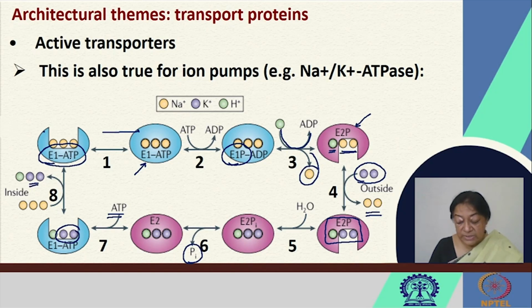So in a sense, what has happened is we have the transport of the sodium and the potassium ions, like in the expression that we saw previously. Now, in this process, the ion pump works as an active transporter with the assistance of ATP that allows this transport to occur. So, we have the transport of the sodium and the potassium ions.